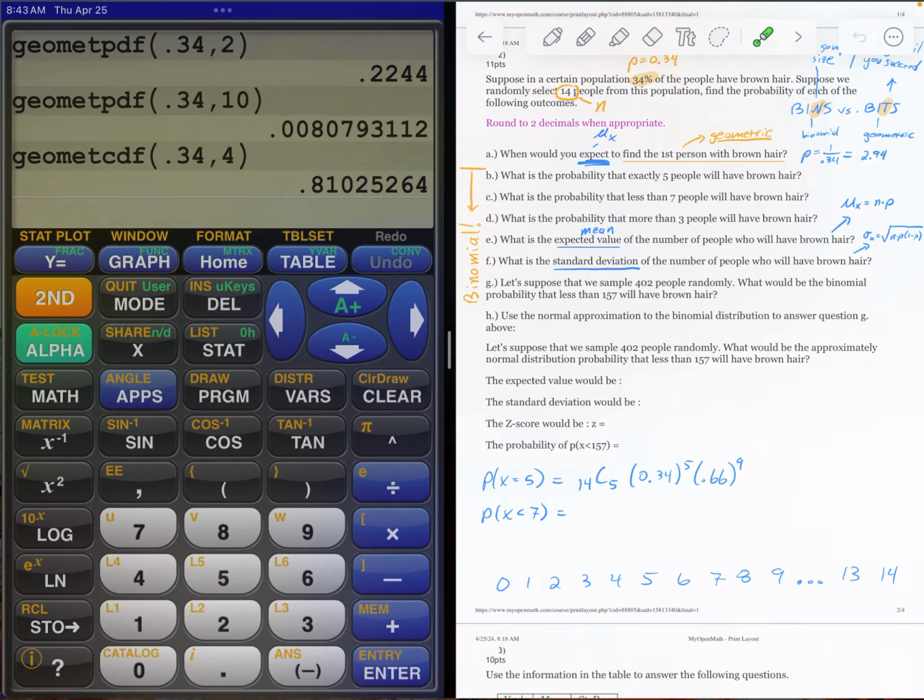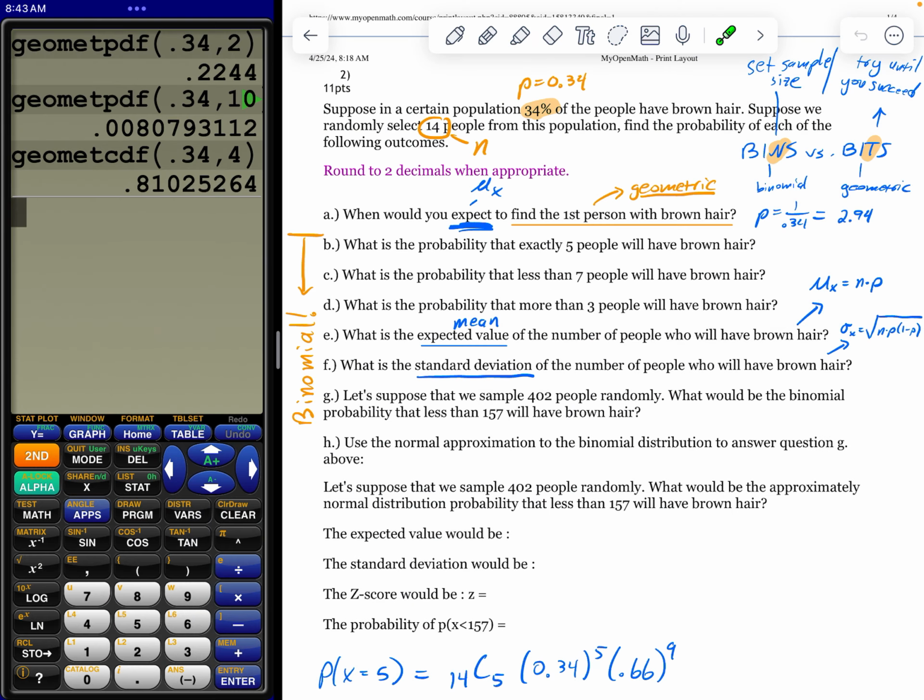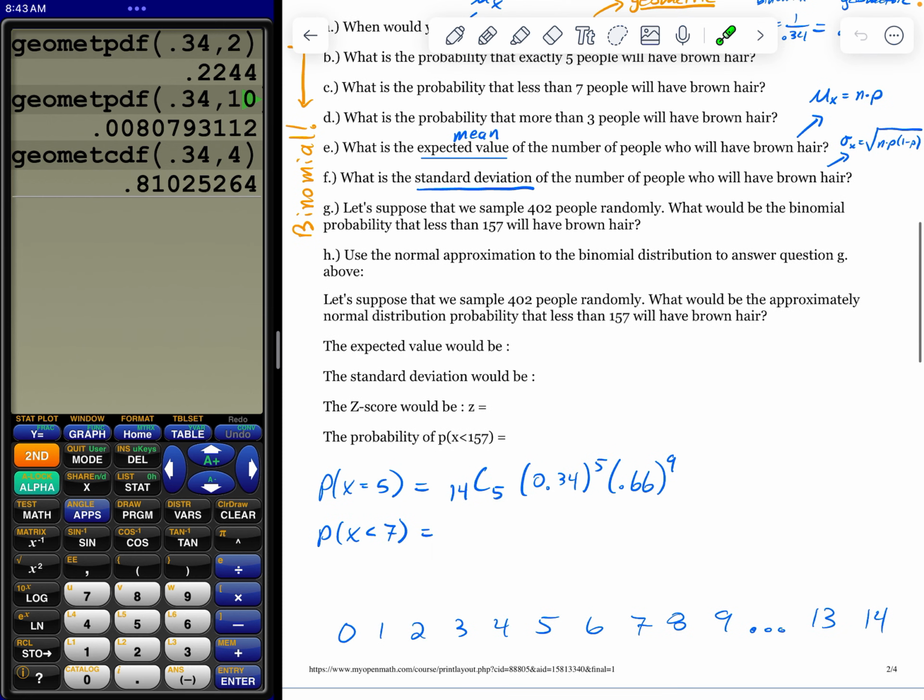All right, back to part B. The probability that exactly 5 people have brown hair. So I wrote down the formula here ahead of time. The probability X equals 5. So we have 14 people. I want 5 of them to have brown hair. So 0.34 is my success rate. I want 5 successes, meaning I want 9 that don't have brown hair.